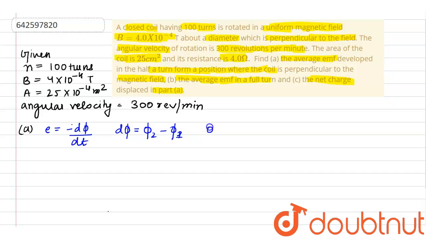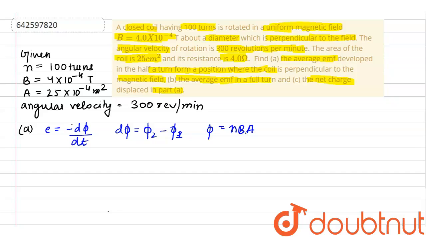And for that, phi is equivalent to, in this case, number of turns are also included, so it's going to be N B A. B and A are in dot product. So we are going to calculate it for this case.